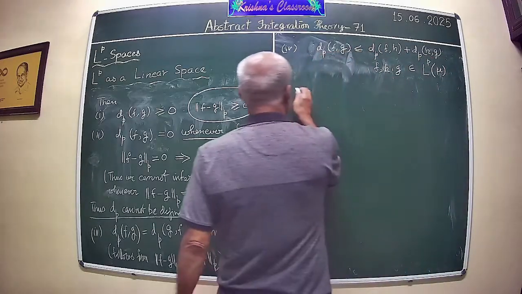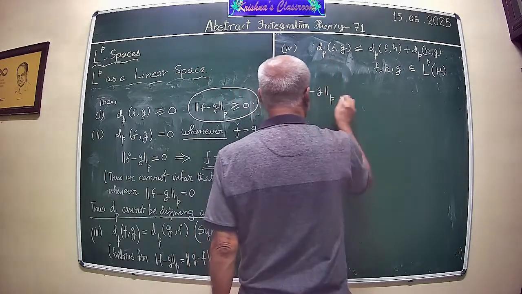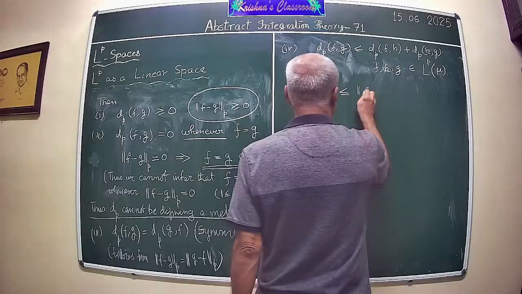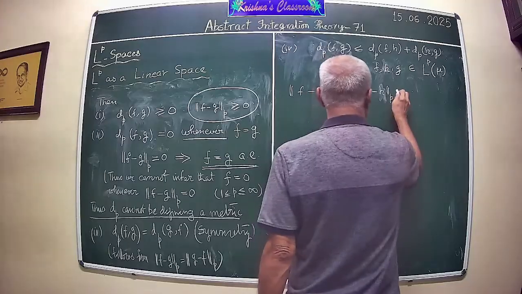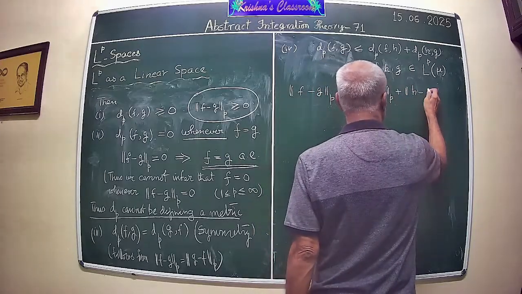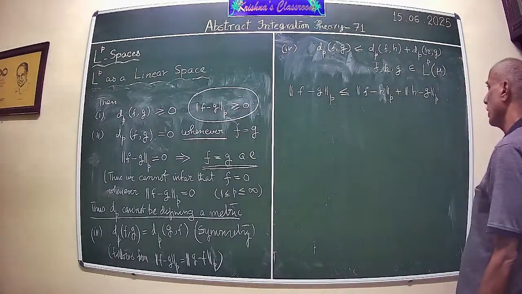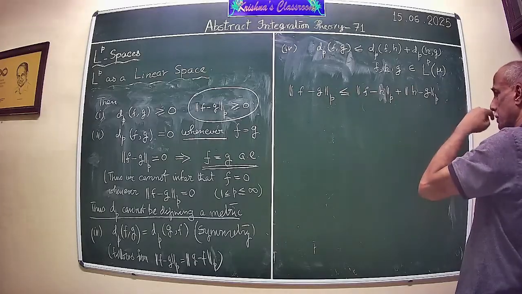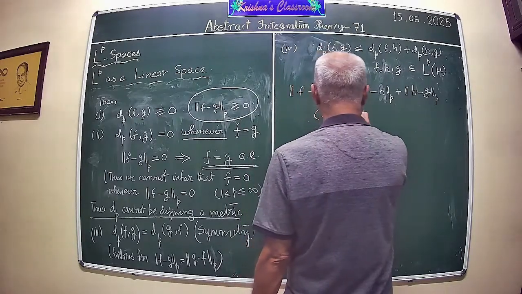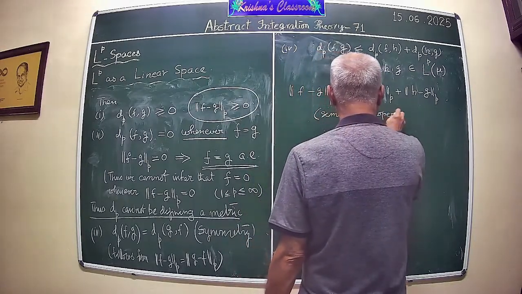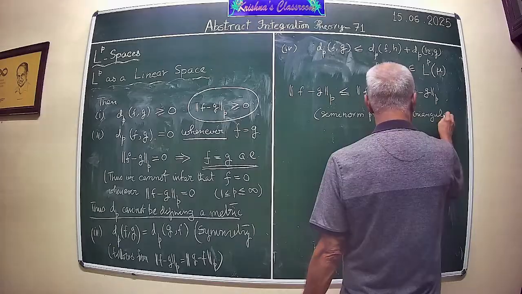Now that's quite easy. This is because the norm of the sum is less than or equal to the sum of the norms, which follows from the properties of the semi-norm, what you call the triangular inequality.